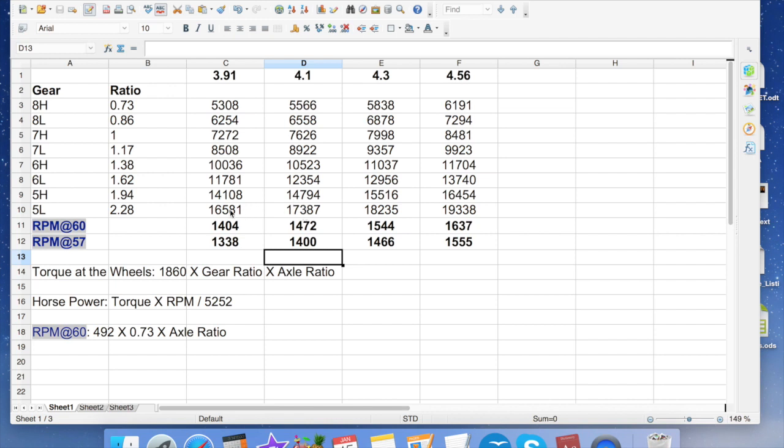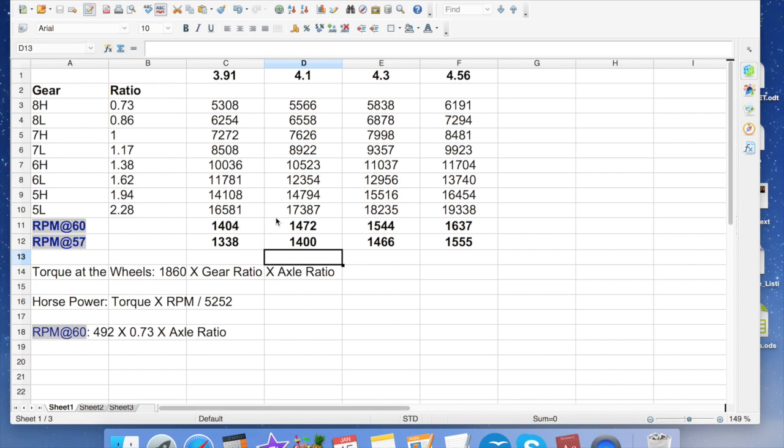But the thing is that we need 16,581 in 5 low. Let's say we're talking about the same hill. So I need that number, but somewhere here, higher, right? If I see this number with 4.10 in 5 high, or a higher number, that means that I can climb the same hill in 5 high instead of 5 low with 3.91, right?